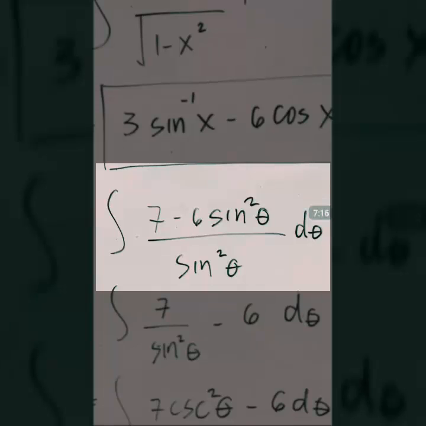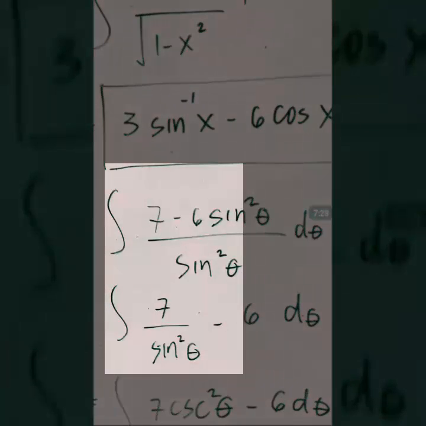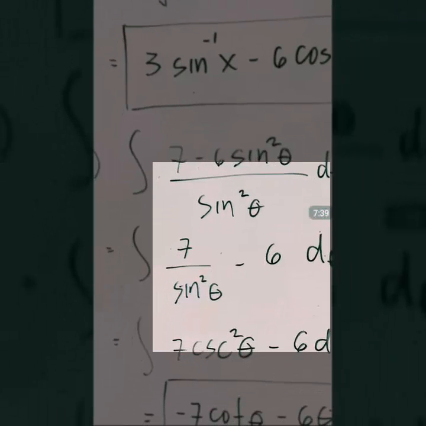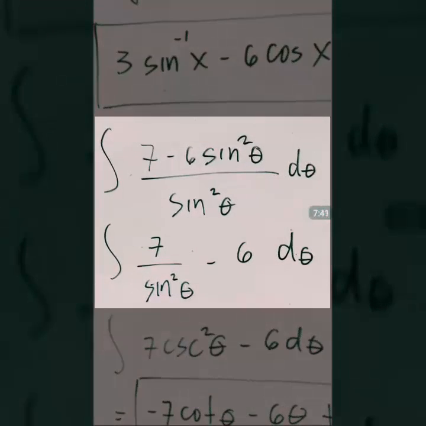Ang kailangan lang natin dito is i-divide yung ating denominator sa bawat term. Yung 7, i-divide natin siya ng sine squared theta. Then, yung negative 6 sine squared theta, i-divide din natin ng sine squared theta. Kaya 7 over sine squared theta minus 6, kasi na-cancel yung ating sine squared. So, 6 na lang yung natitira, d theta.